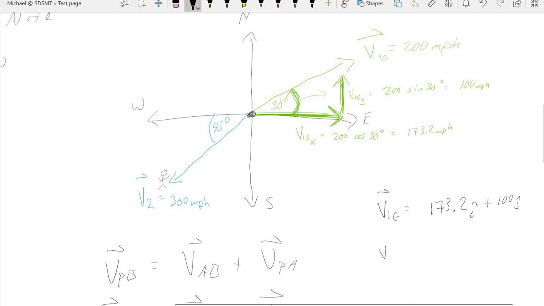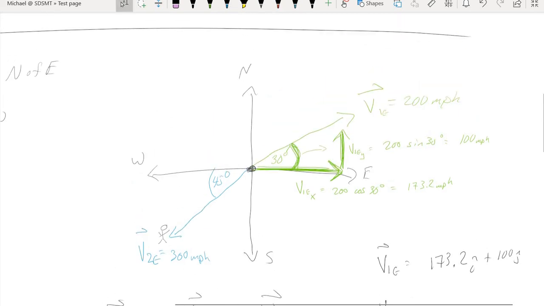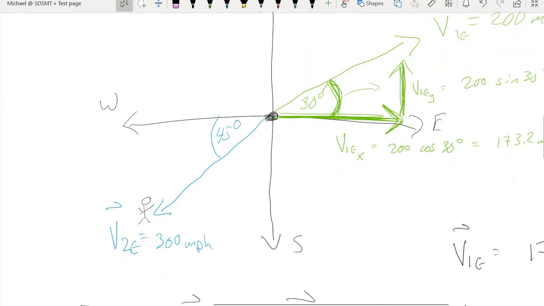and now velocity 2 with respect to g. So over here we've got velocity 2 with respect to g. And because we have a 45-degree angle, both the x and y components of this vector are going to have the same magnitude.